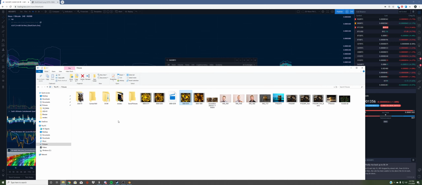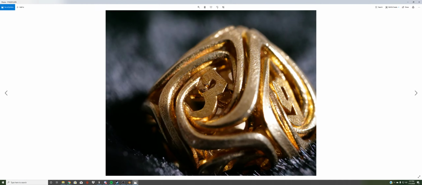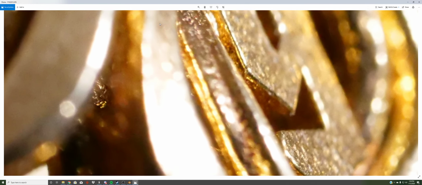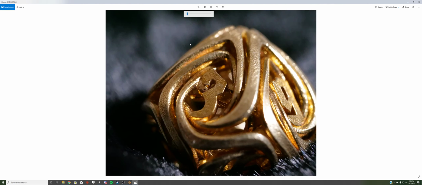And then let's go into renders. So this is what my new camera can do. You get really nice and cozy on those details. I had the depth of field really tight on this picture, but that will be improved.